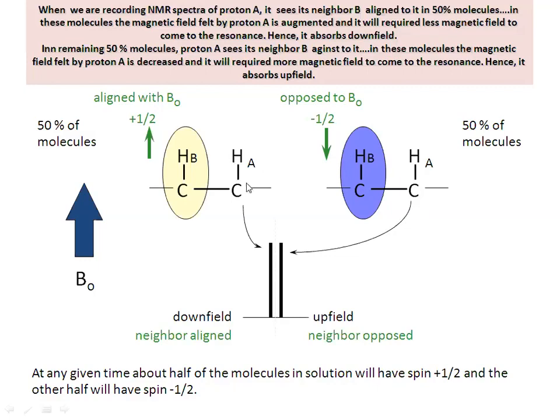So although we are tracking HA, in 50% of the molecules HA comes to resonance downfield, while in the remaining 50% HA comes to resonance upfield. HA is split into two lines of equal intensity, as we have a 50-50% population. Both have equal intensities due to these two possible spin alignments of HB.